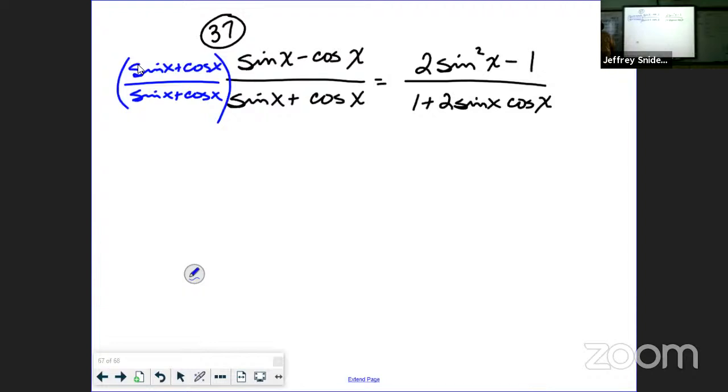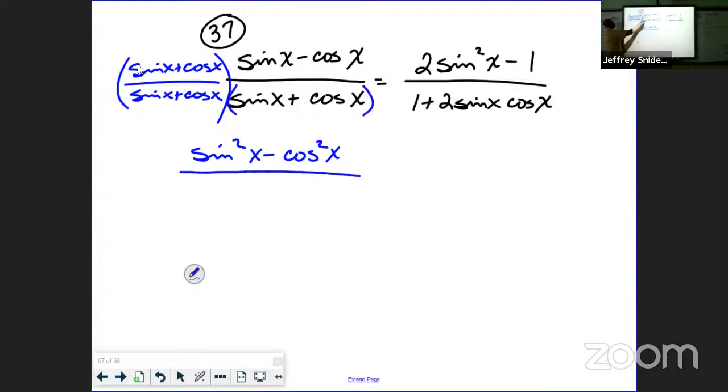So guys, in the top, what am I gonna get? Sine squared x, because I'm multiplying conjugates, the middle terms will be gone. I'm gonna get sine squared x minus cosine squared x over the denominator. Now I have to multiply this out.